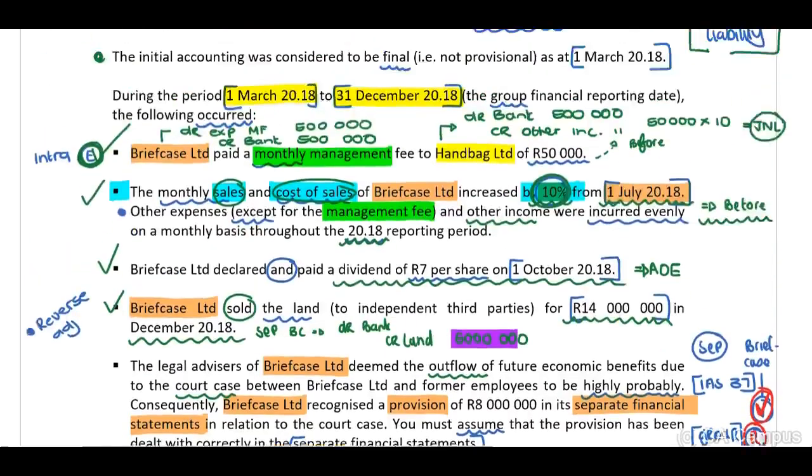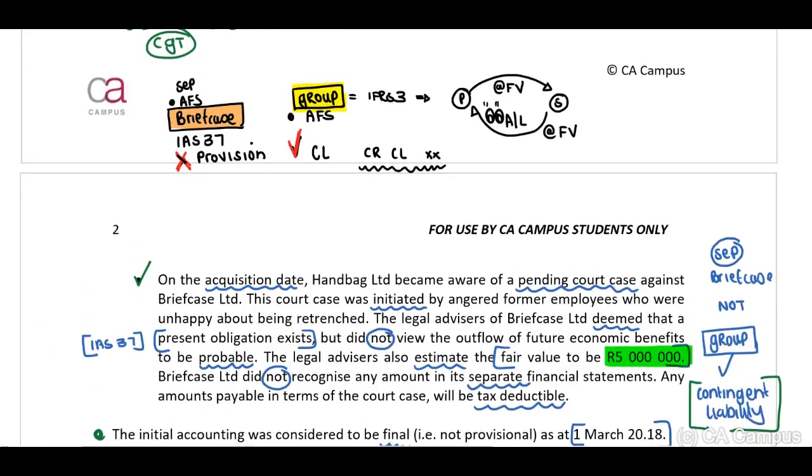So guys, I just quickly want to repeat this. You will remember that we have discussed this red section previously. At acquisition, we've recognized in our group a contingent liability. But now, in our current year, and this is important to understand, in the separate records, Briefcase may recognize the provision.